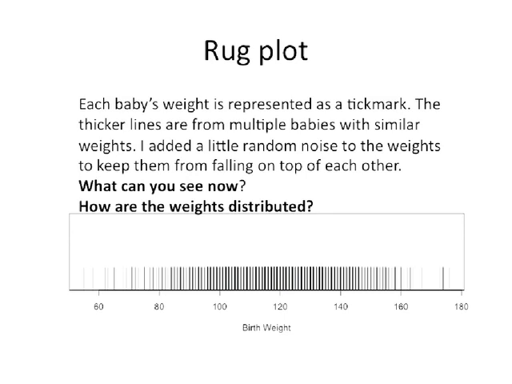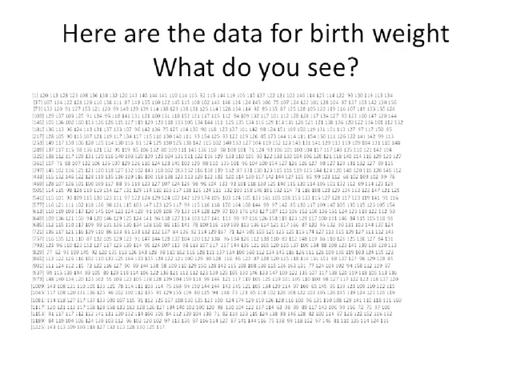When there are a lot of tick marks close together, it looks like a thick line. So this gives you an easier way to summarize the structure of the birth weights compared to this set of numbers.